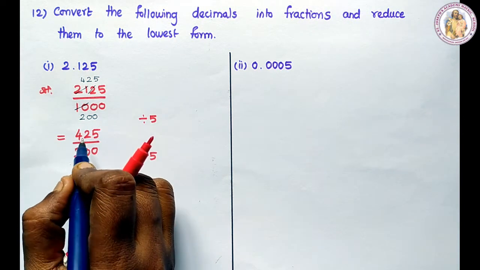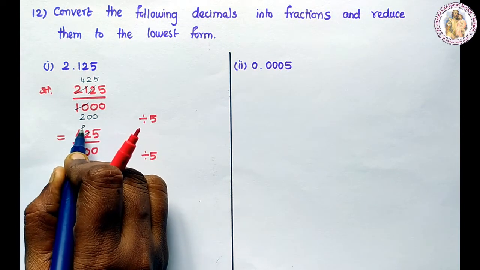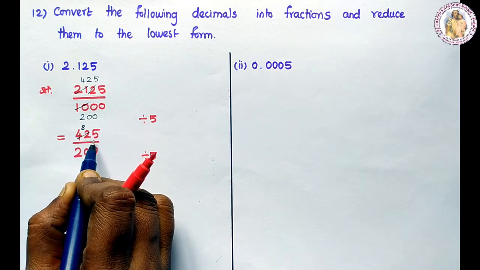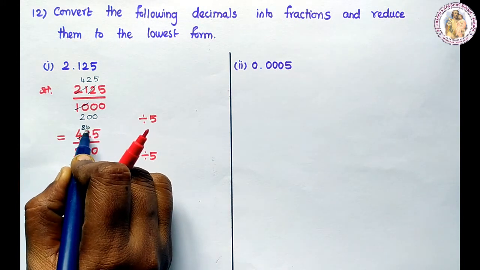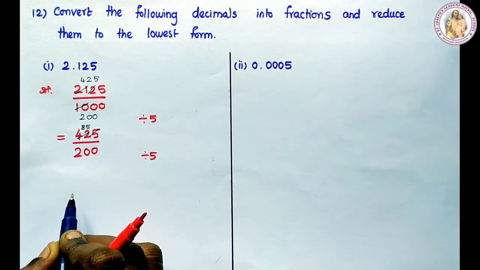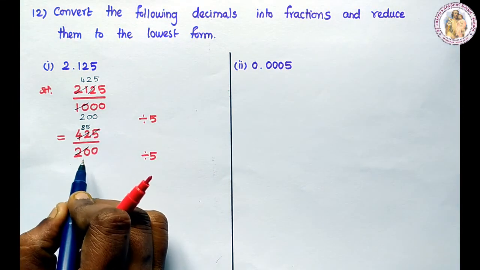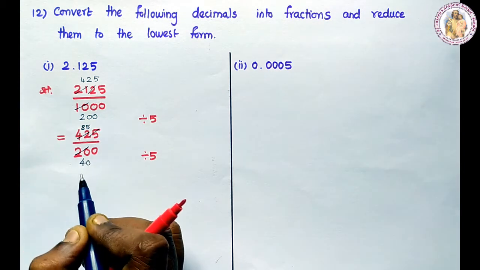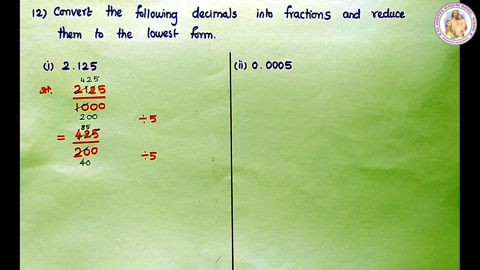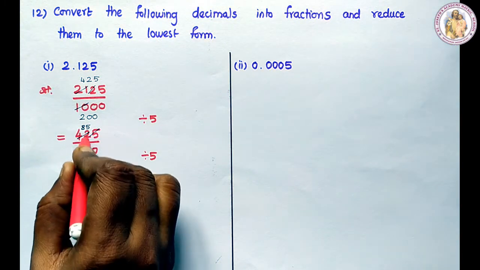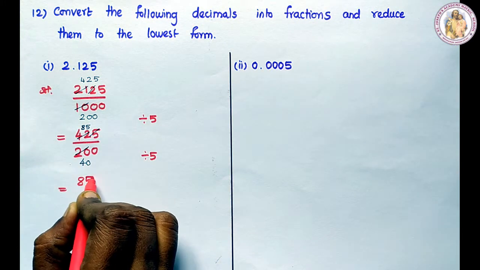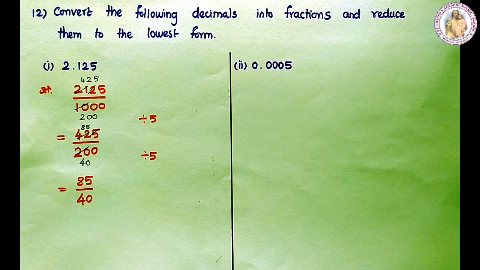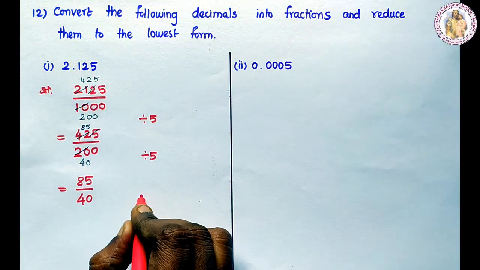Listen, 8 5s are 40, balance 2, it becomes 25, so 5 times. Here 4 5s are 20, put the 0 means 40. Now write down the number 85 by 40. Now again divided by 5.